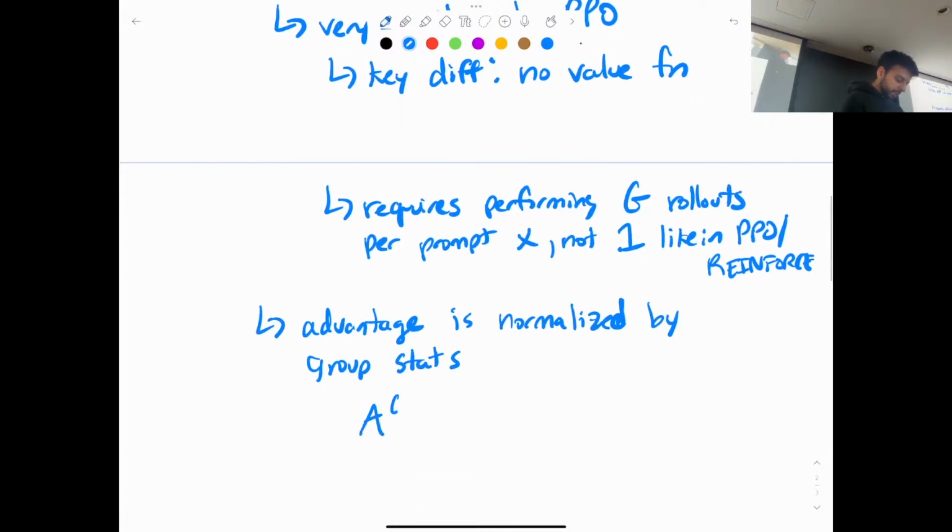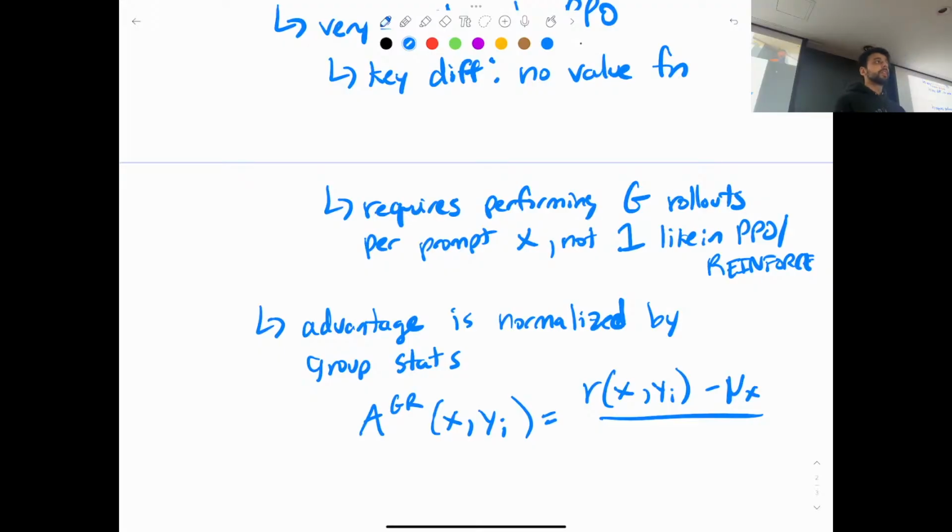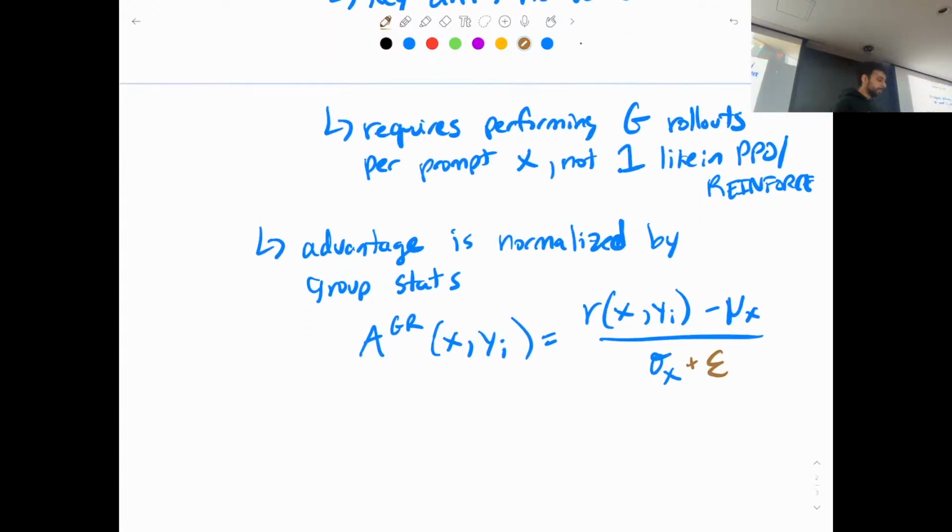Specifically, the advantage for any given y_i is the reward minus the mean of the group rewards, divided by the standard deviation. One small implementation note is that usually you divide by the standard deviation plus some tiny epsilon term to avoid numerical stability issues, but that is irrelevant conceptually.